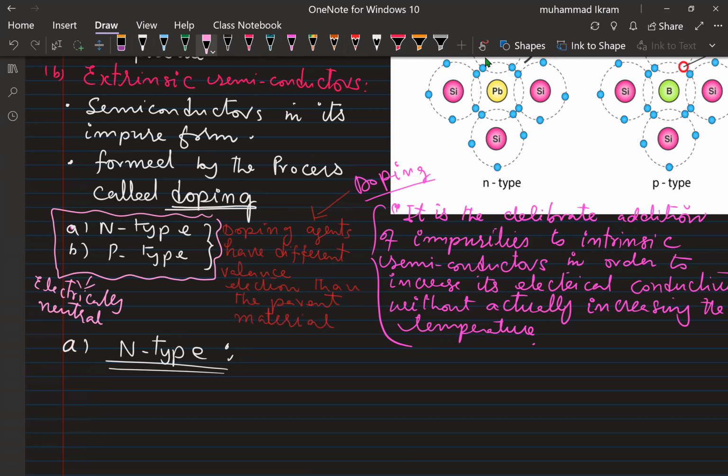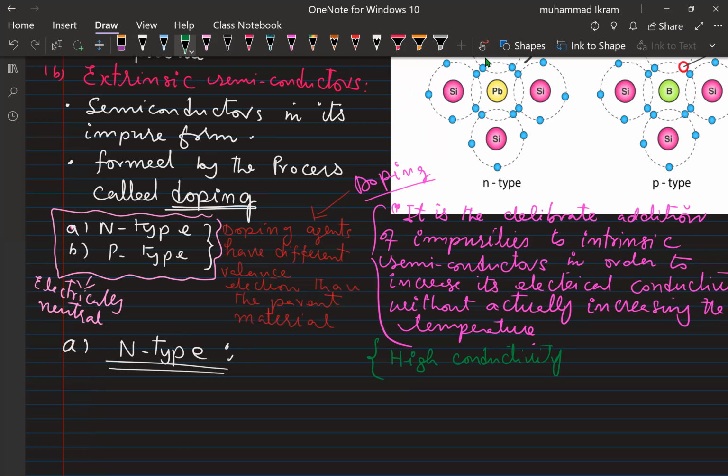Now, whether N-type or P-type, these materials have very high conductivity.